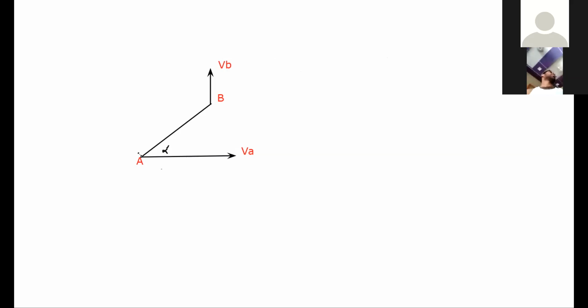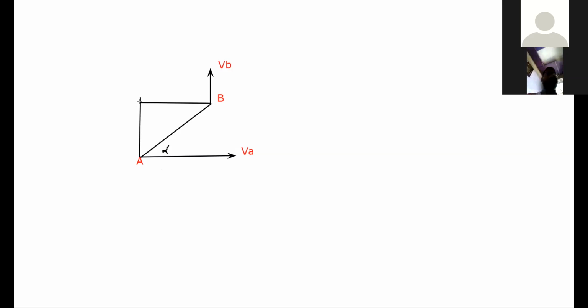Likewise, the velocity of B has a perpendicular, and the direction of the velocity vector is like this, so that means it is perpendicular.